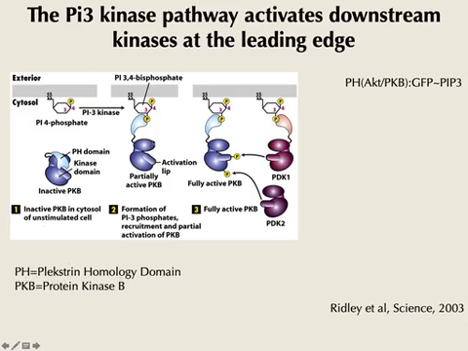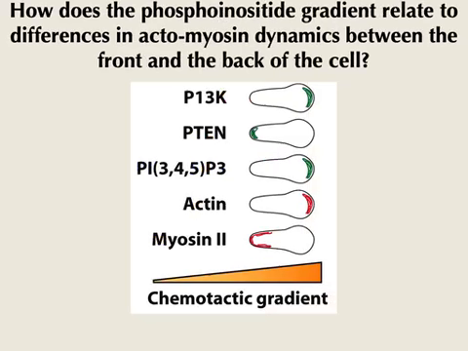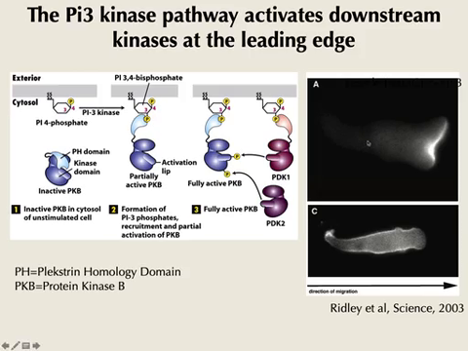They have taken this domain from another protein, protein kinase B. And the reason you want to do that is because it will bind specifically to this PIP3. So if you take this domain and attach it to GFP, you now have a sensor for the concentration of PIP3. And here is what you get.